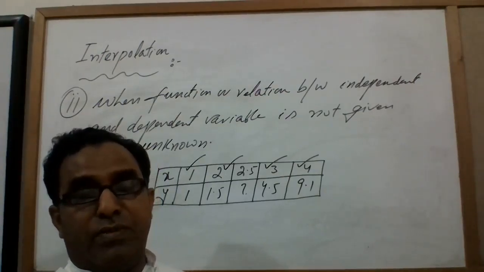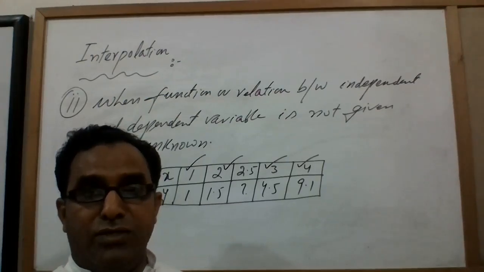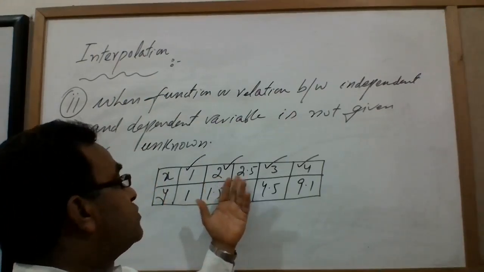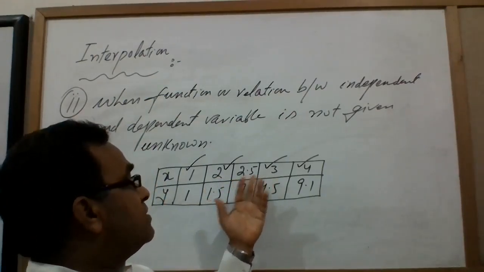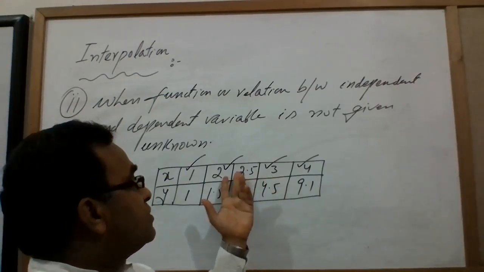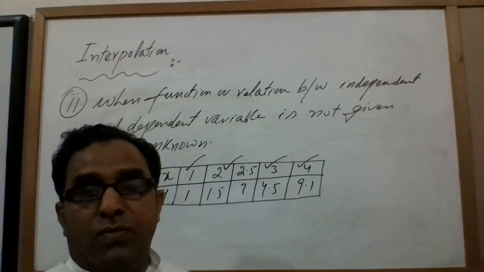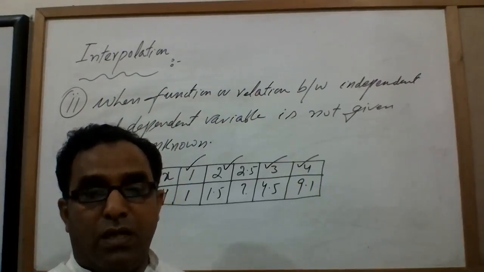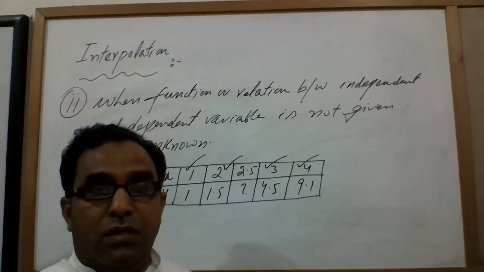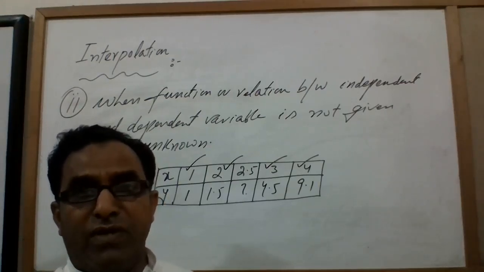Similarly, between 2 and 3, there are infinitely many values of x for which the values of the dependent variable have not been given here.